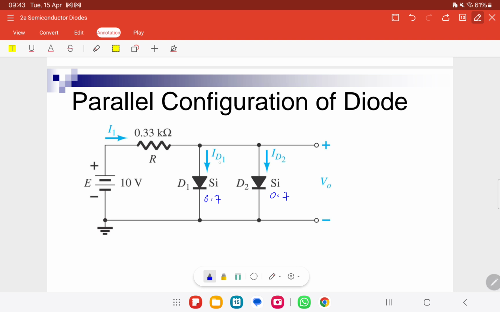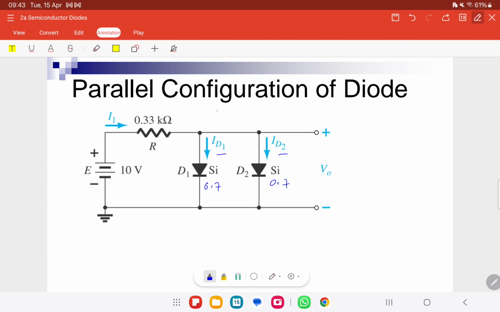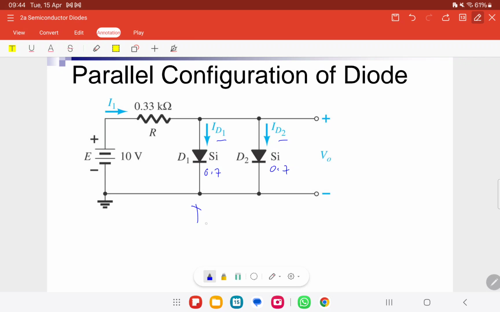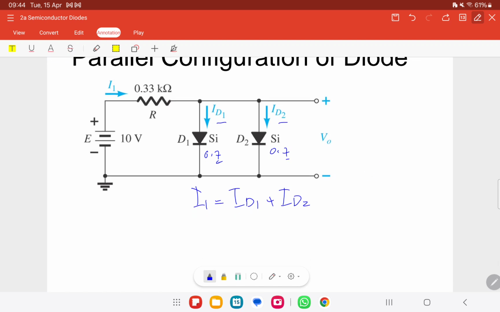Dua-dua the current akan lalu. We will have the ID1, also we will have the ID2. So the I1 is equals to ID1 plus ID2. Why? Because we have the same voltage of the diode, VD dia sama.